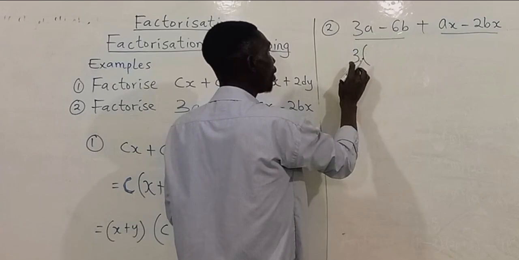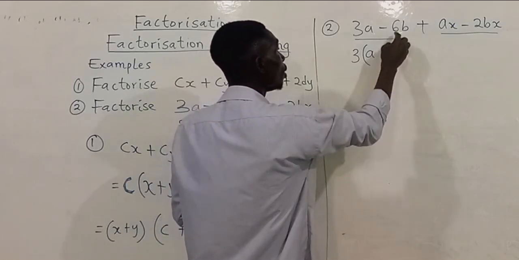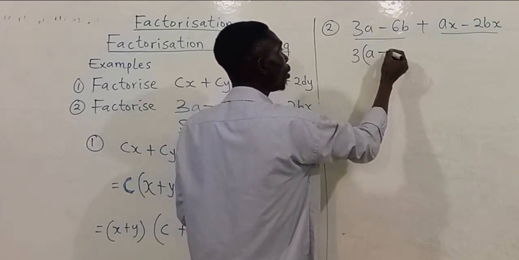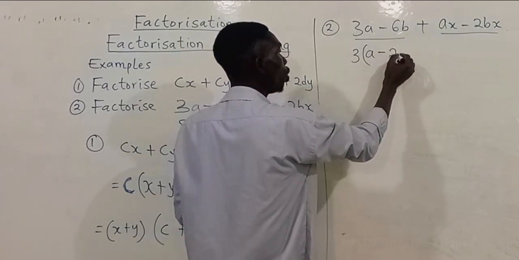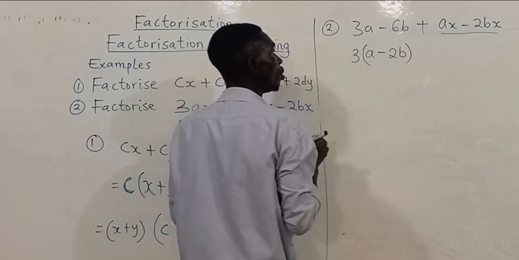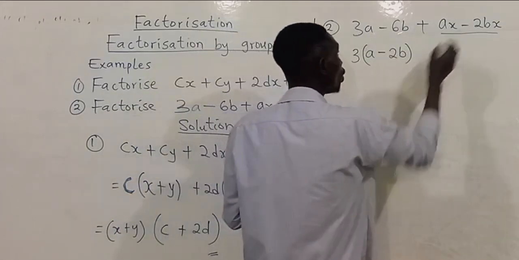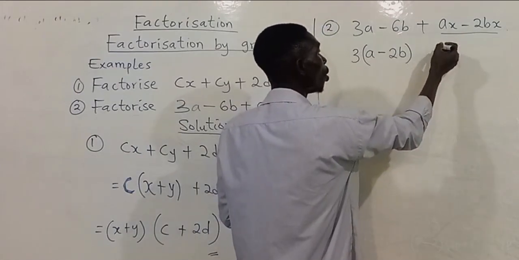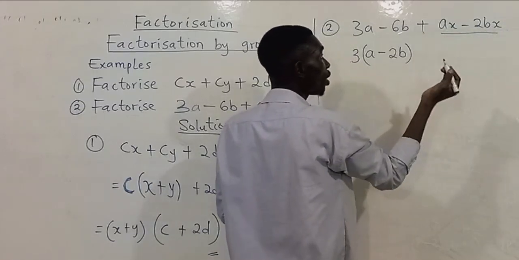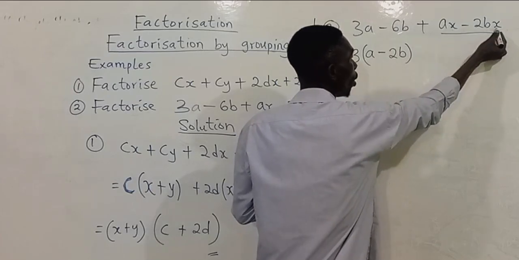So 3a divided by 3, we have a, and minus 6b divided by 3, we have minus 2b. We are done with this first group. We proceed to the second group: plus ax minus 2bx. Obviously, x is the highest common factor between these two terms.